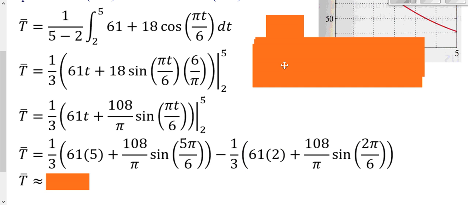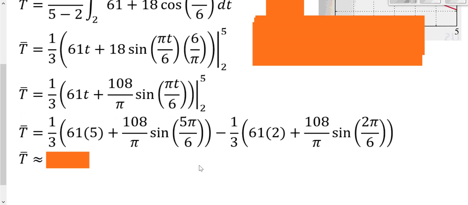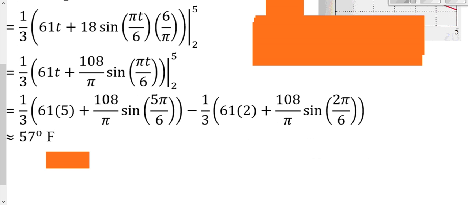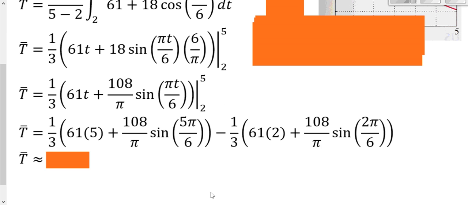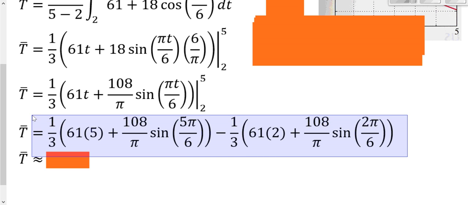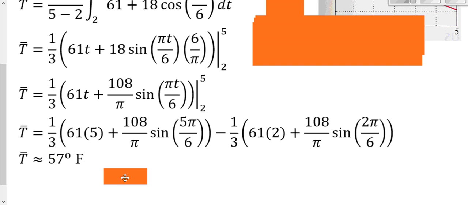Now, this is one that we could work out pretty easily because you're supposed to know the sine of 5 pi over 6. You're supposed to know the sine of basically pi over 3 because 2 over 6 reduces down to pi over 3. So you could work these out exactly. You could also work this out using your calculator by just typing in this line, and you get approximately 57 degrees.